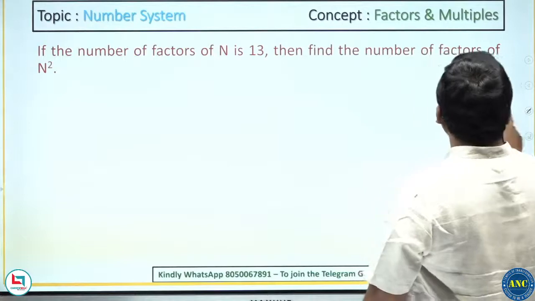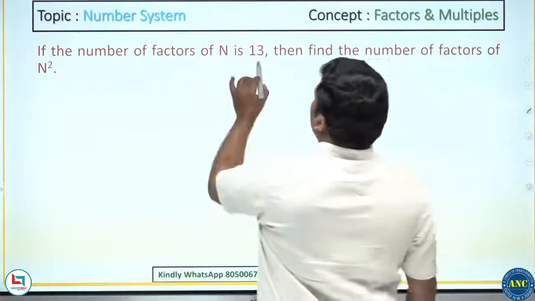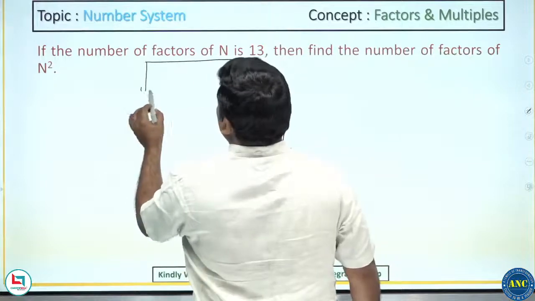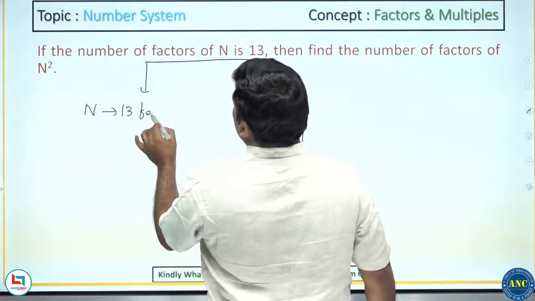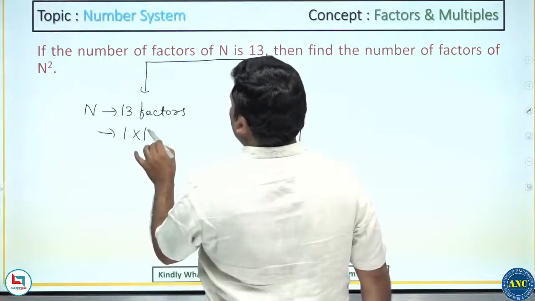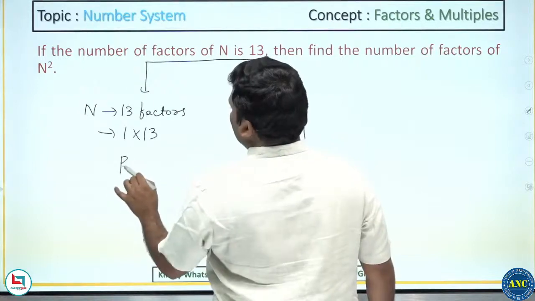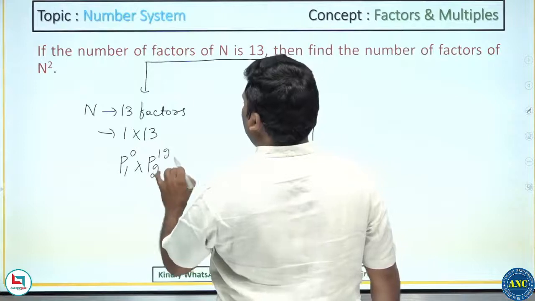Next one. If the number of factors of n is 13, the number of factors is odd. So the answer should be a perfect square. 1 into 13. 13 means p1 power 0 into p2 power 12.